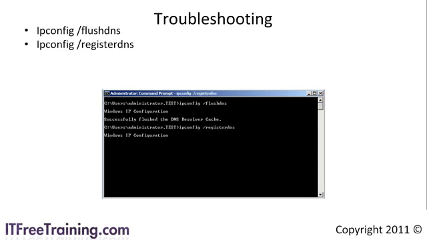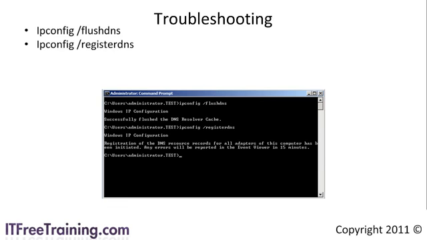This will force the client to update its DNS record on the server. You will notice here that the server will give you a message saying an event will be logged in the event viewer in 15 minutes if there was a problem. Register DNS is pretty fast, so after you run it, assuming that there were no problems updating your records, the DNS servers on your network will be updated within a few seconds.